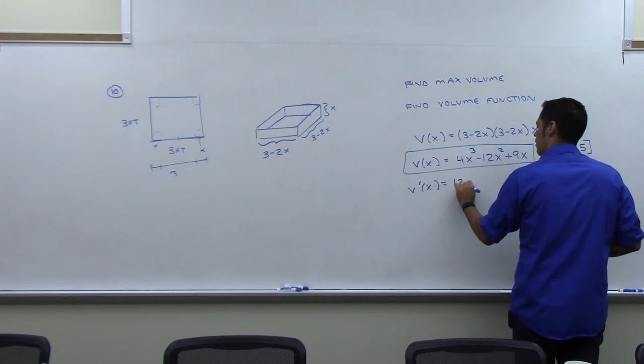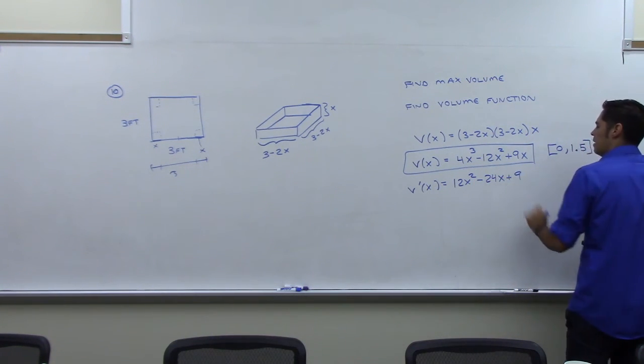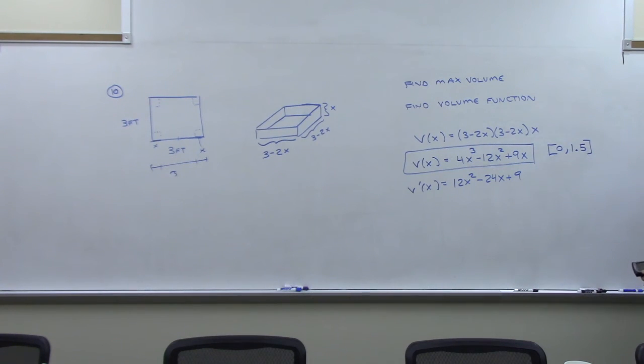I get 12x squared minus 24x plus 9. I'm going to set that equal to 0, and figure out where it's undefined. It's only equal to 0. We don't have to worry about the undefined.